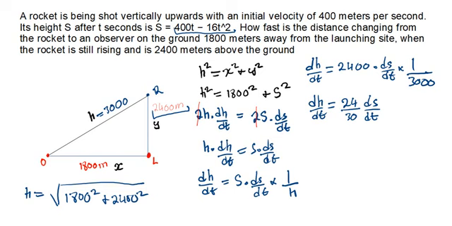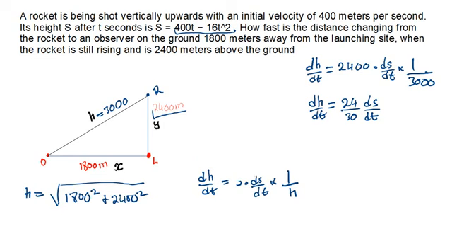So I would also want to work out what ds/dt is. We have been told that our s is 400t minus 16t squared. So we need to find the derivative of that. When you differentiate 400t, you get 400, minus, when you differentiate 16t squared, you get 32t.